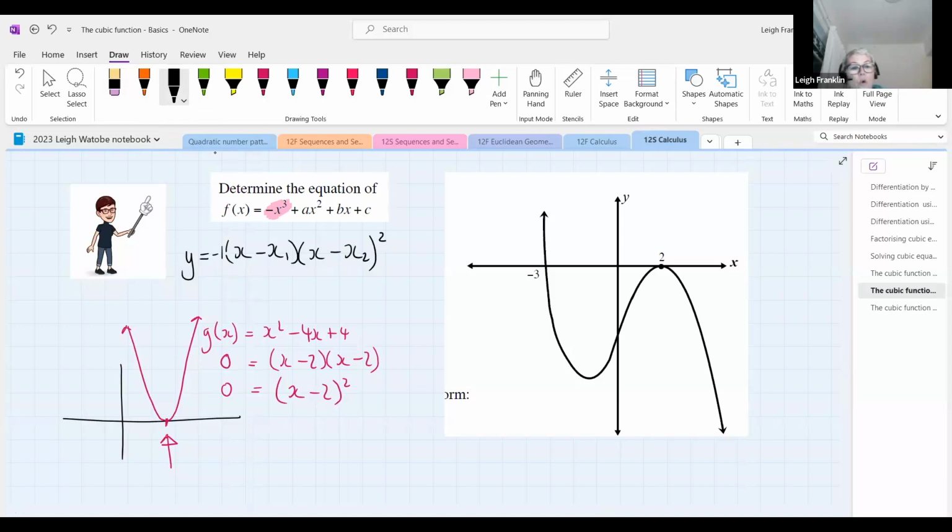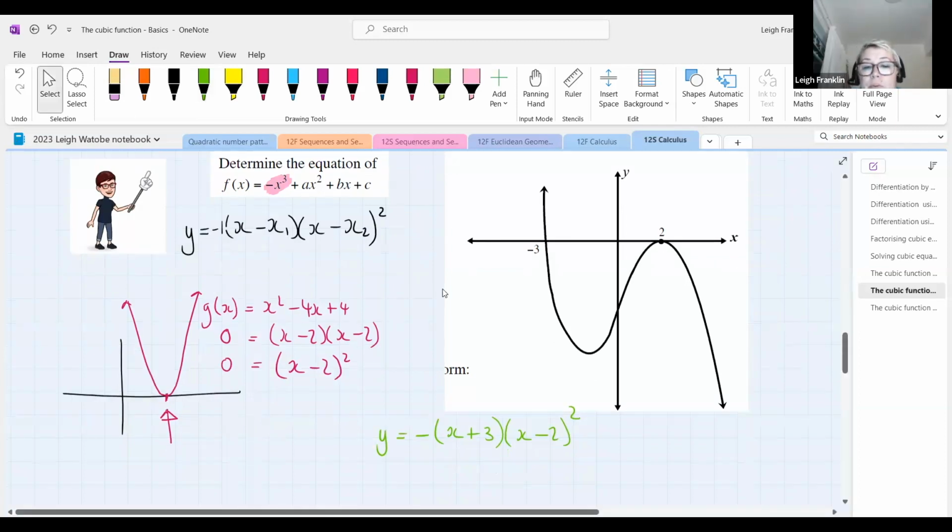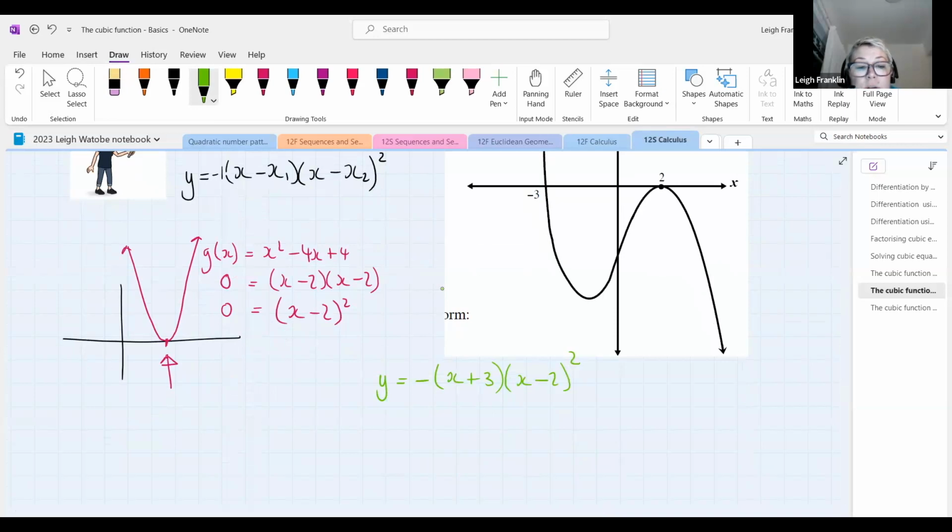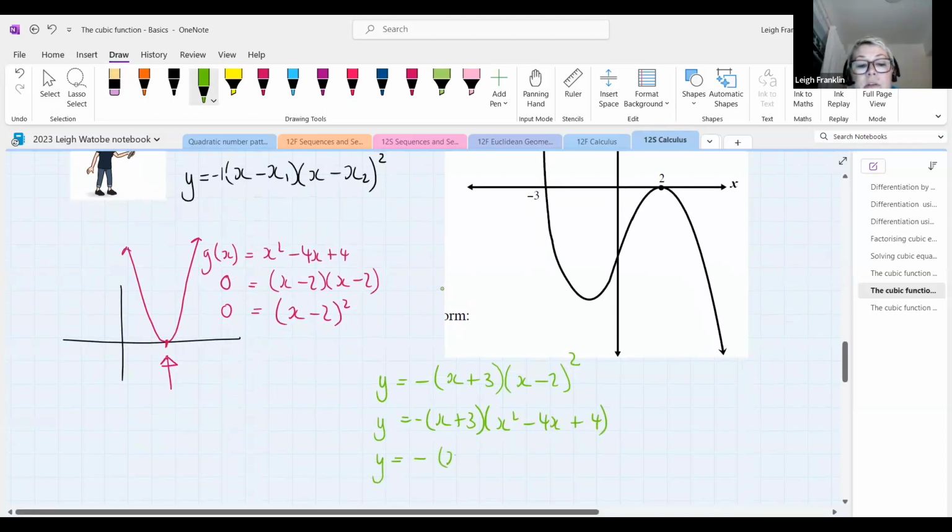Okay, so what we would end up doing is this. We would write y equals -1, x plus 3 times x minus 2 squared. And then we'd have to do what we did above. Okay, we would multiply everything out, as follows. Okay, so we would leave the negative on the outside.